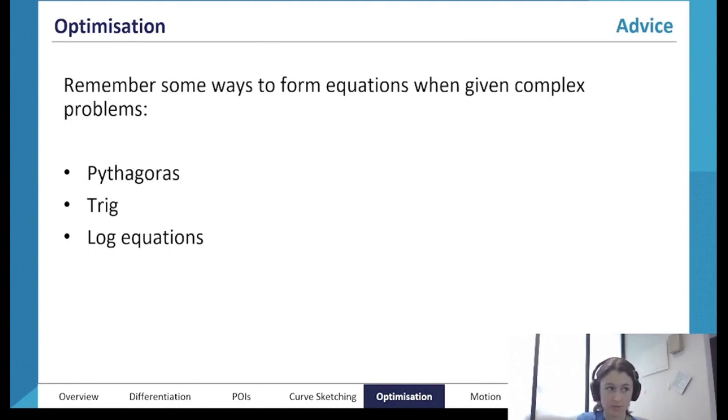Log equations as well, if you have something like population, where you need to model the population using logs, which you probably would have gone through at the beginning of the year. Using log equations can also help. One other thing is to have a look back through the formulas on your formula sheet right at the beginning for area and volume and perimeter and stuff like that. Those can typically help as well if you have some kind of shape.